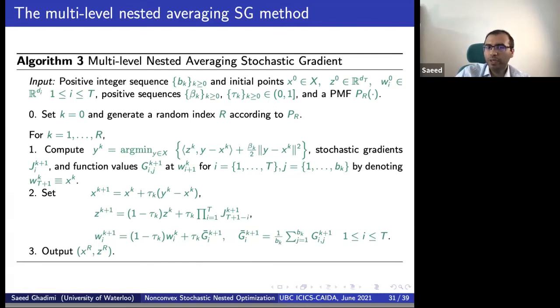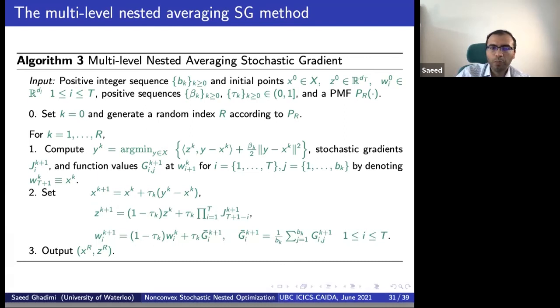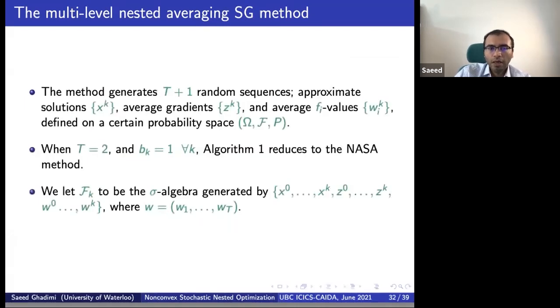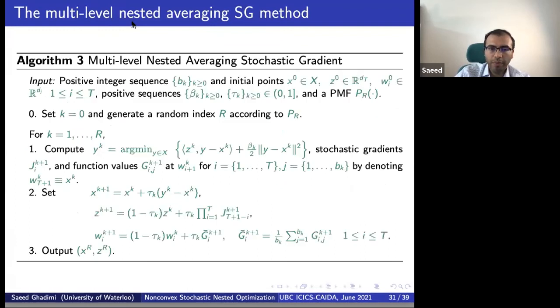Otherwise, this algorithm does not converge. If T equals 2 and B_k equals 1, and remember that B_k is the number of samples that we take as the mini batch size at each iteration, this is just the NASA for the two-level case.